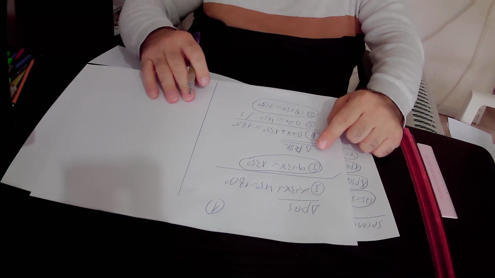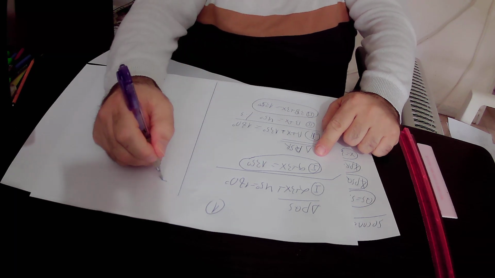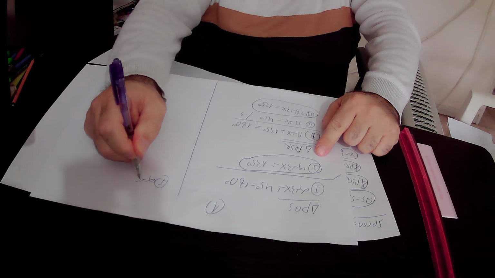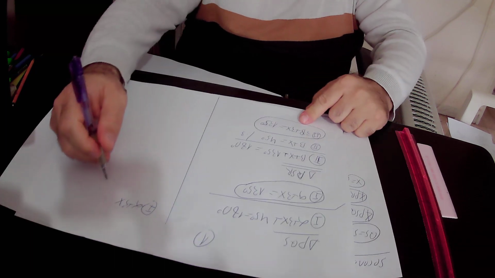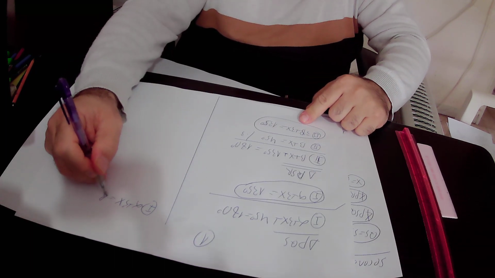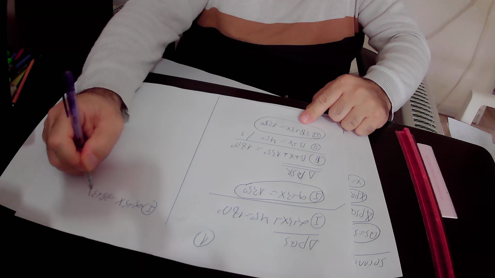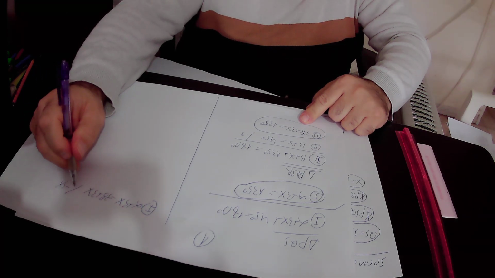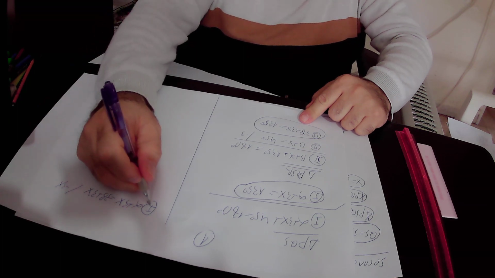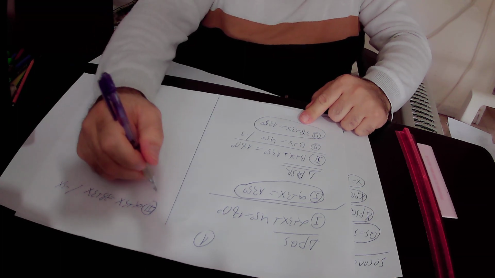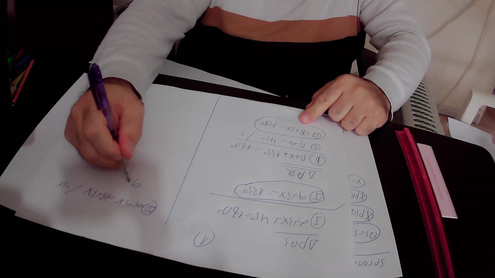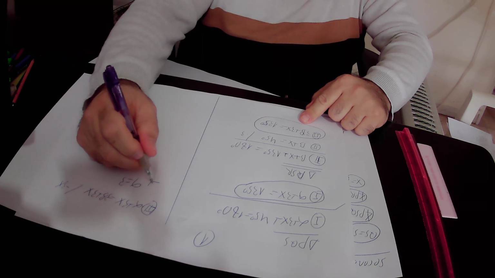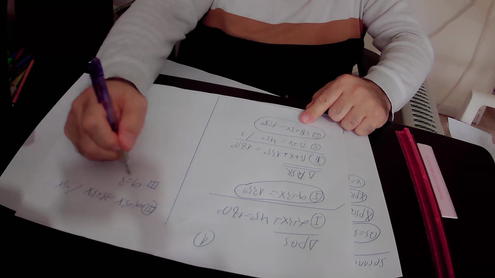So equation number 1, that is actually alpha plus 3x, equals equation number 3, that is actually 3 beta plus 3x. Here we will subtract 3x, and we will get that alpha equals 3 beta according to equation number 3. Alpha equals 3 beta.